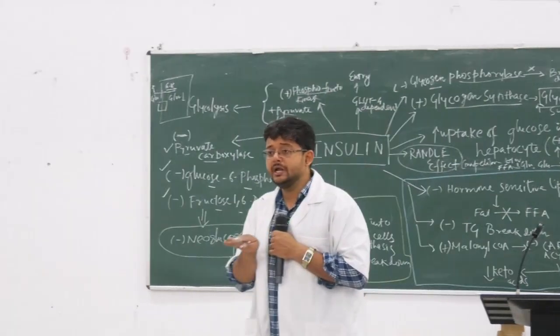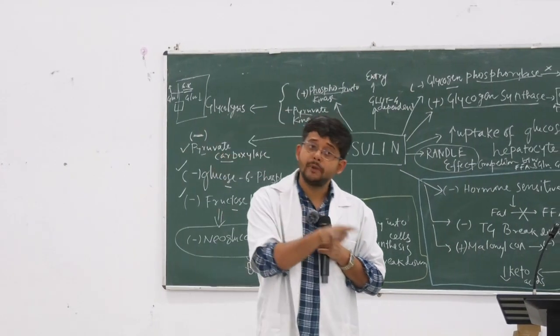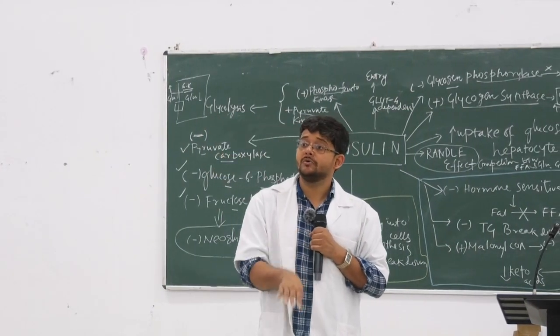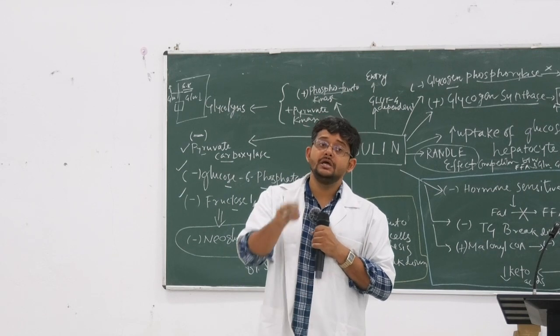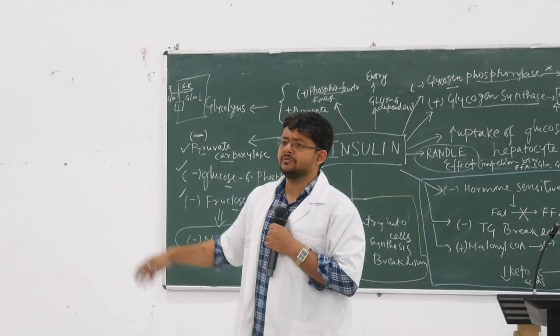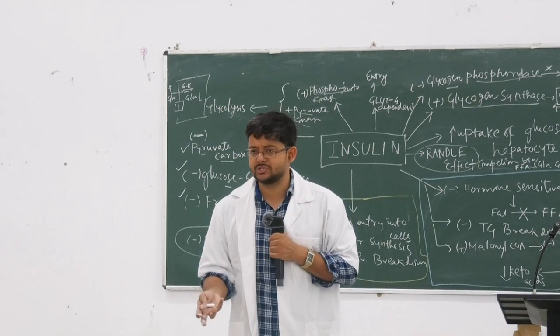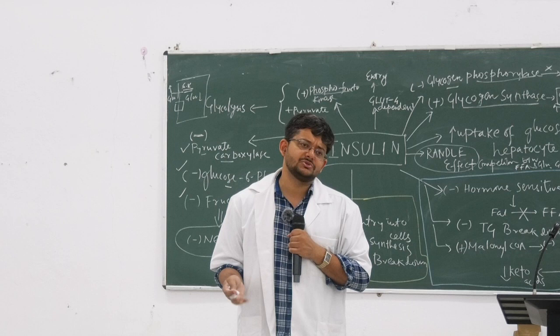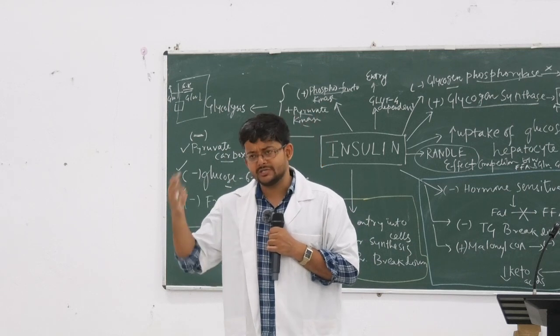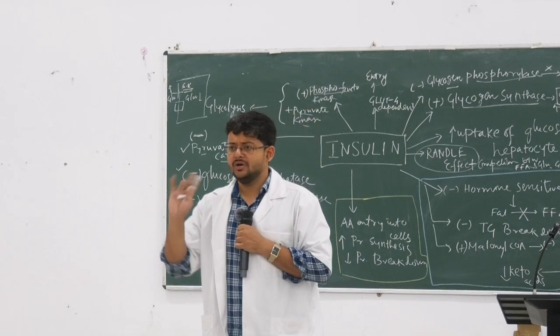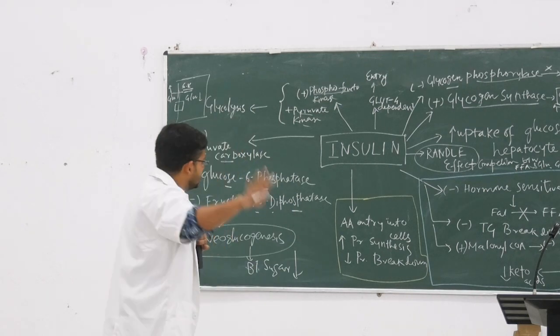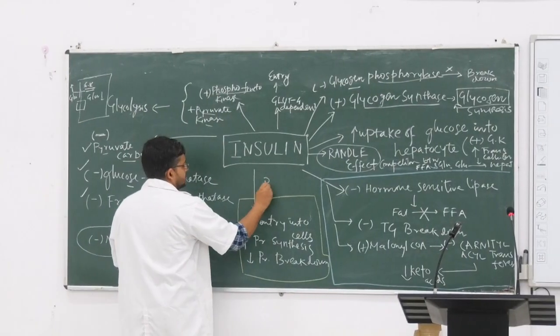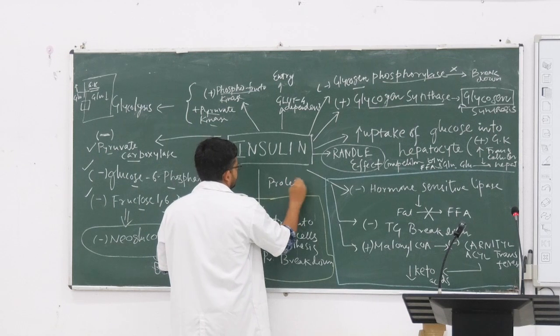We have found various forms of GLUT in placenta, in RBC, in brain, because glucose is the energy source. Another energy source is ketone, but glucose is the energy source. So all types of channels must be present in various areas. Okay, clear? Now coming to other parts, protein metabolism.